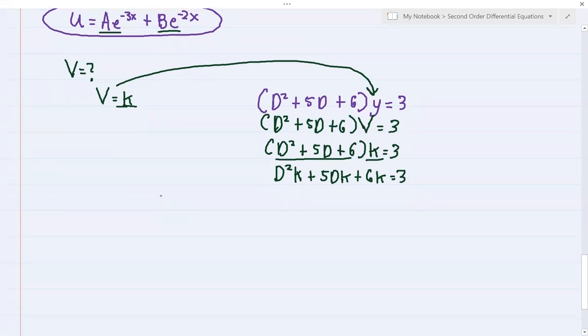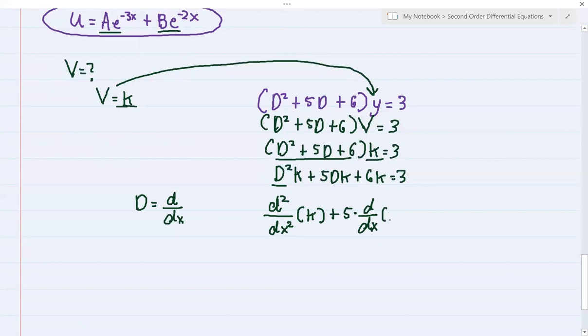Remember guys, that D is equal to d all over dx, right? So meaning D squared is d squared all over dx squared of K plus 5 times d all over dx of K plus 6K is equal to 3.